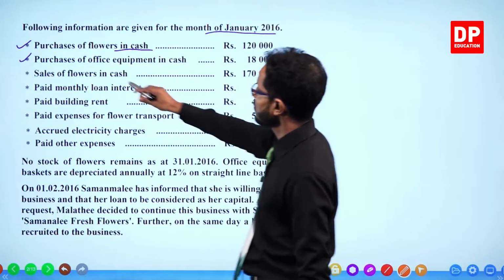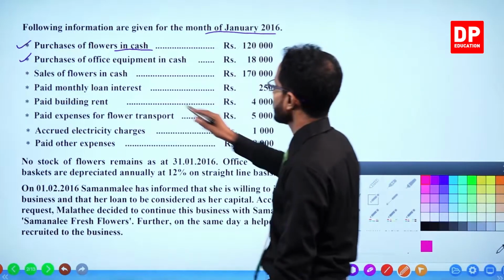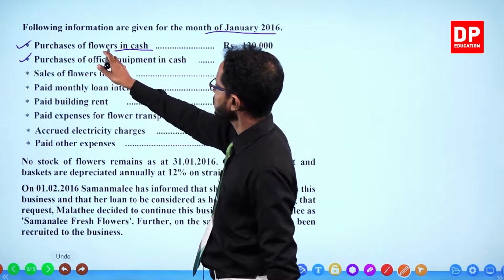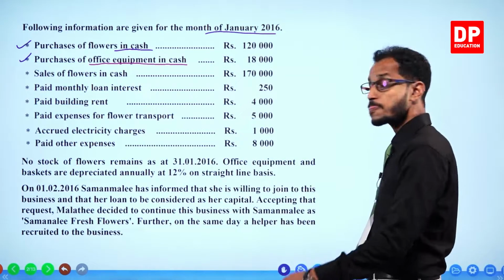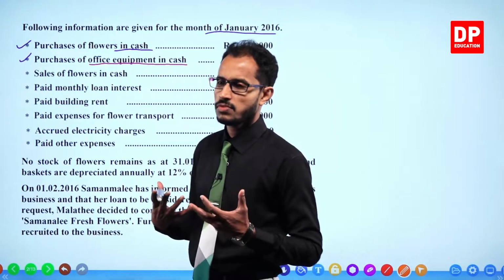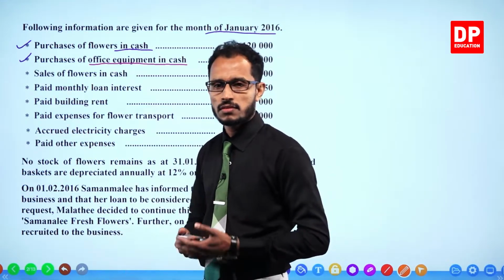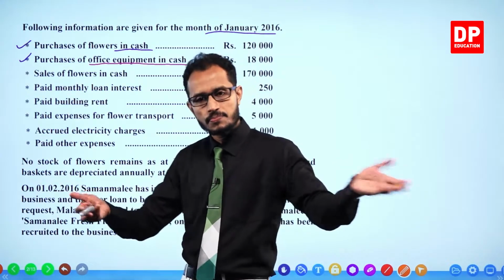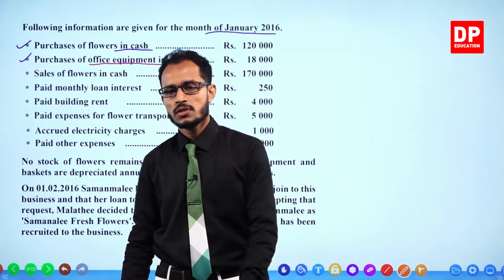Office equipments, I'm going to use another color for that. This is flowers. This is office equipments. There's a difference. Flowers is what Malathi is selling. Yes, she's selling flowers.